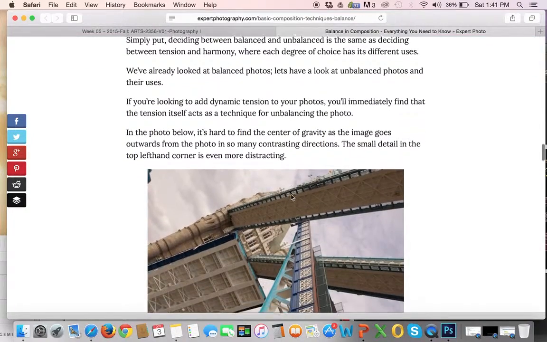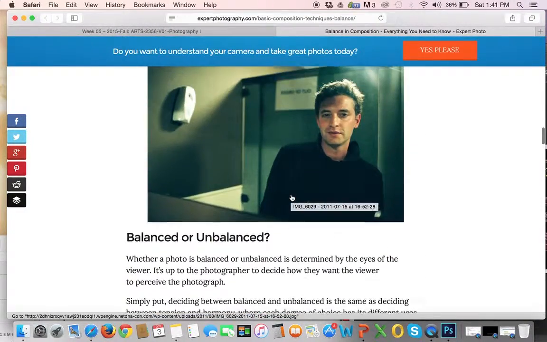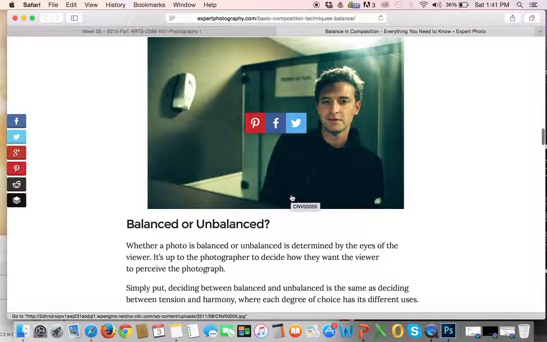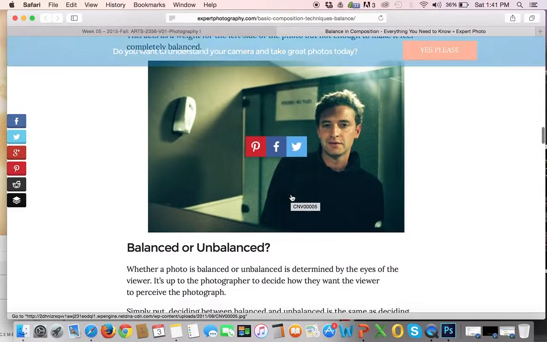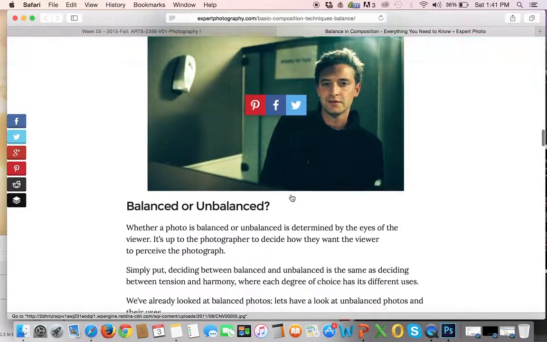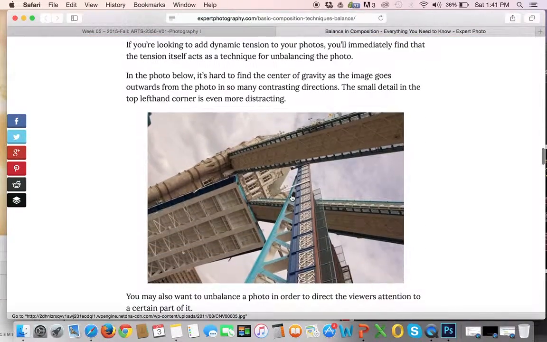And so sometimes you can try to violate that rule of thirds a little bit, or the rule of balance and symmetry, and maybe make something that seems a little top heavy, or heavier on the left side than on the right side, or whatever.